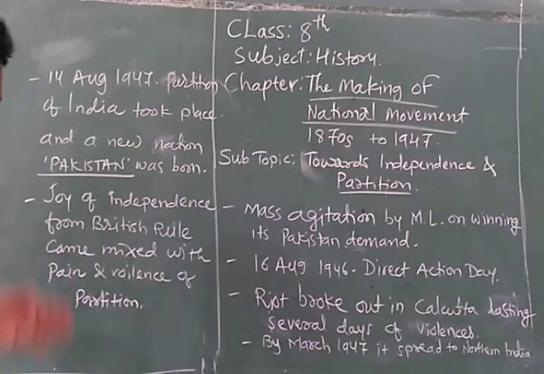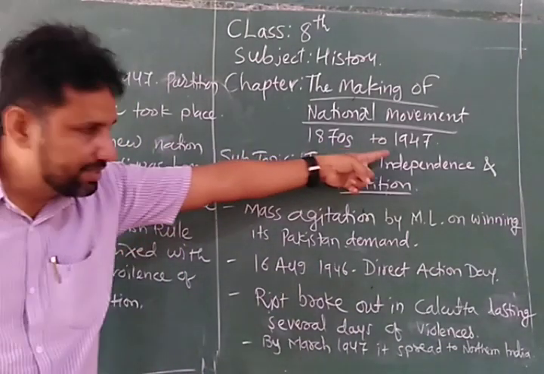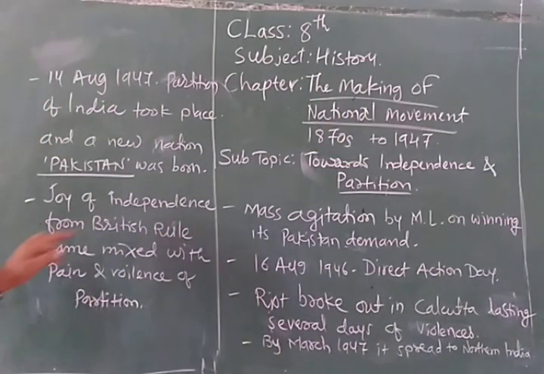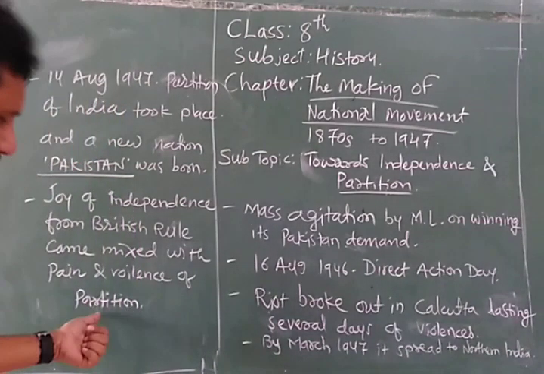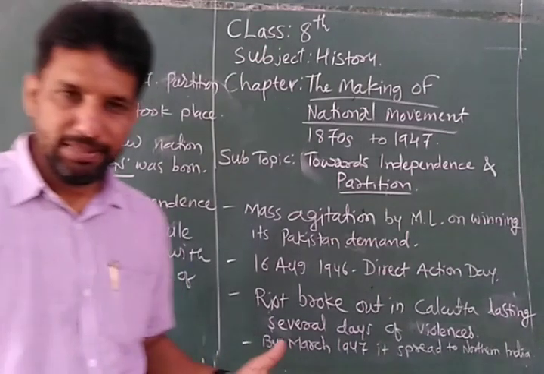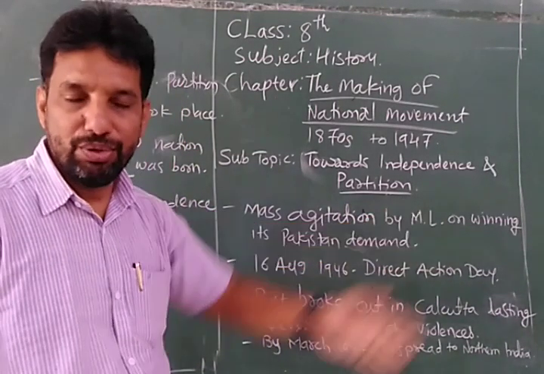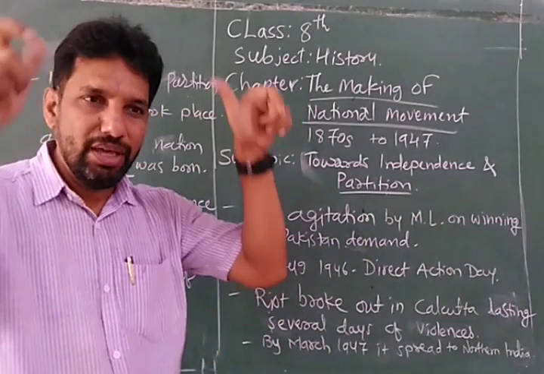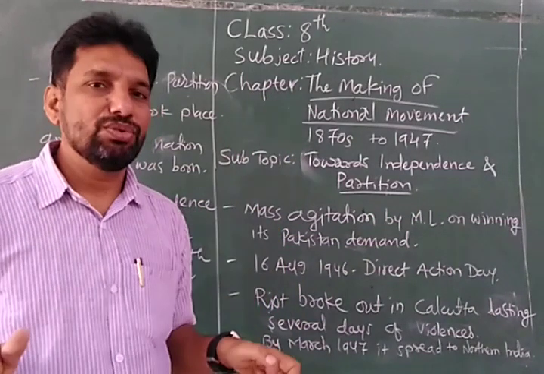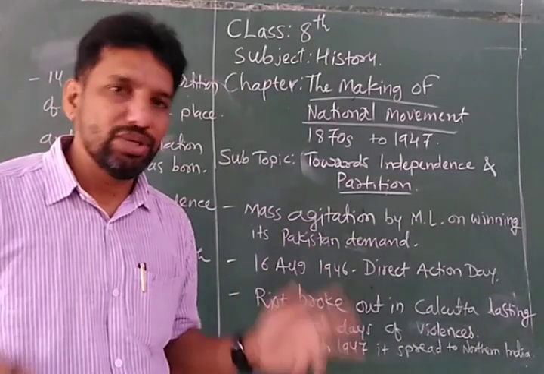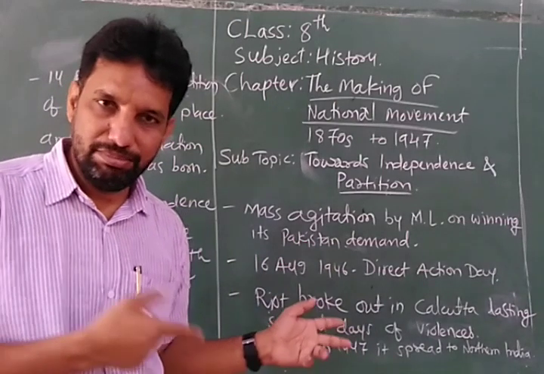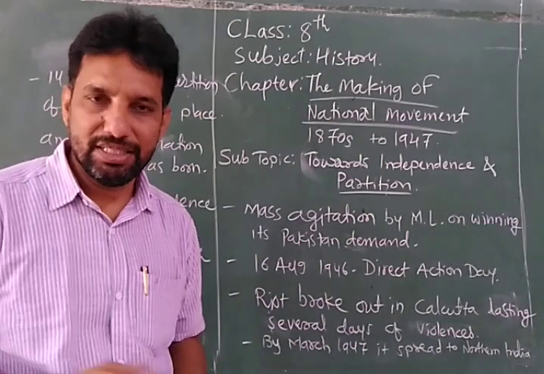The joy of getting independence from British rule came mixed with the pain and violence of partition. We parted. This means united India. Earlier I had shown you that India now has different lines of borders with two countries, Pakistan and Bangladesh.